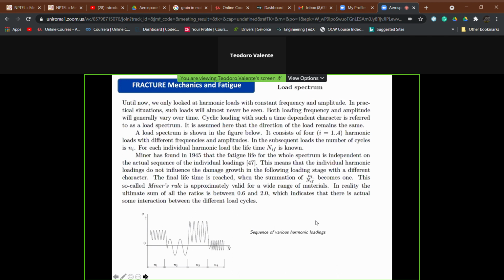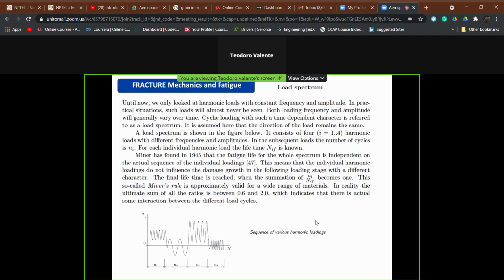All that we have seen and said up to now refers to a special case, the case in which we have just harmonic loads, that means a fatigue cycle characterized by a constant frequency and a constant amplitude.